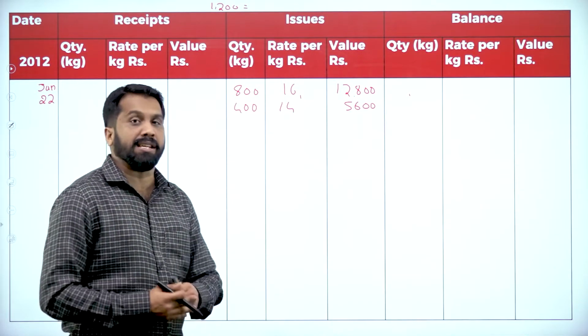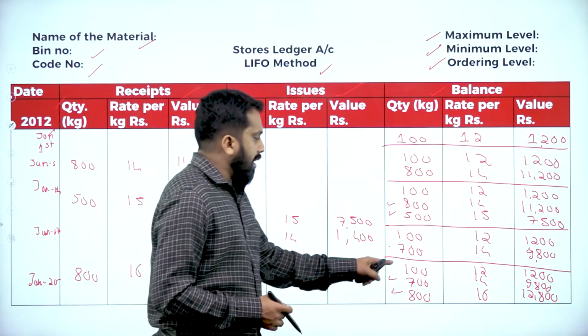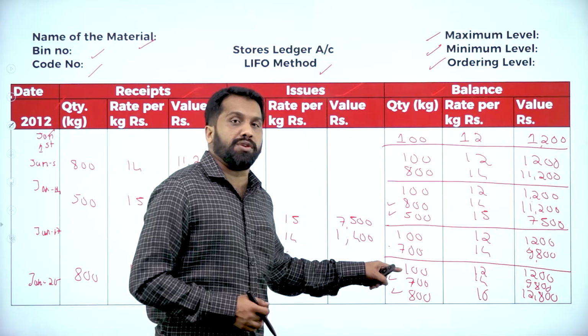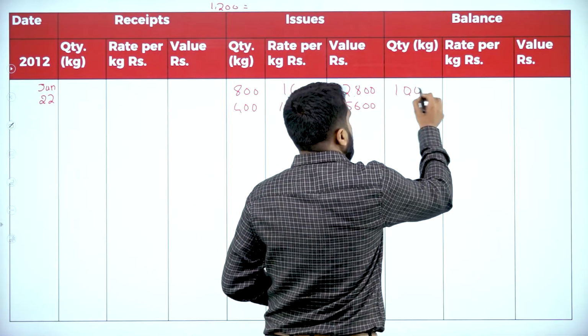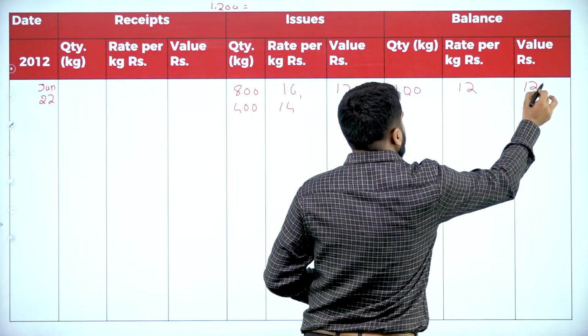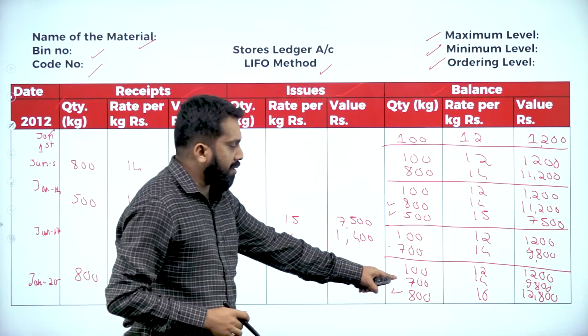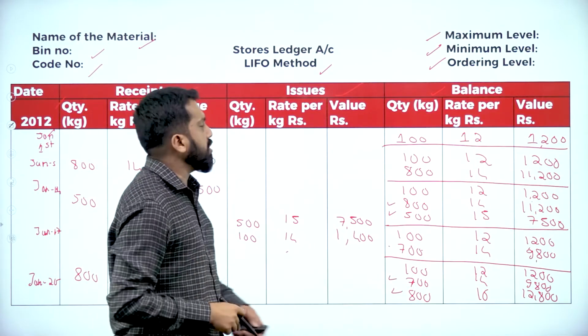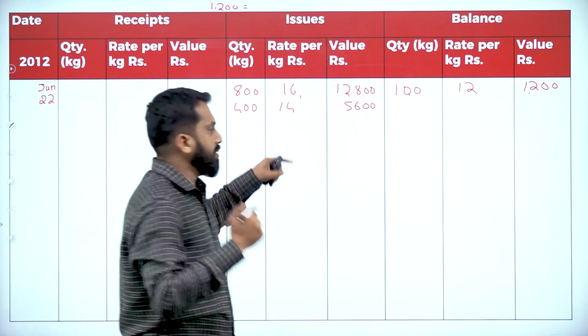How to write the balance? Your first one we have not used. Now this is 100 into 12, 1,200. Second box, out of 700 you have used 400. What is the balance? 300.